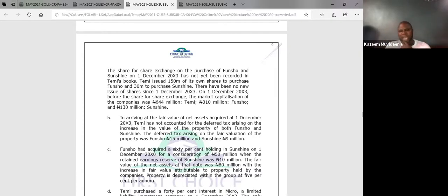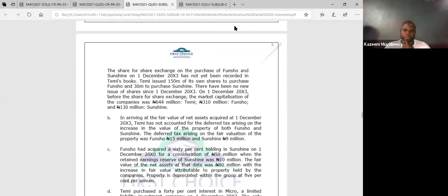Even though Sunshine was acquired earlier in 2000, I cannot use the retained earnings or the net asset here because it's the day he has control, which is 2003.